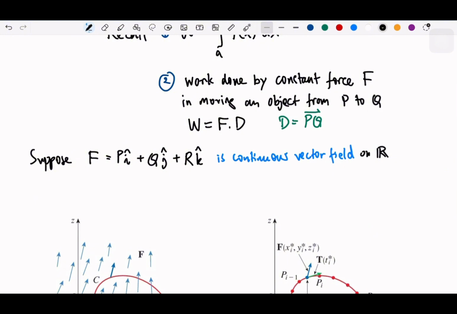So this F could be like a gravitational field or an electric force field.